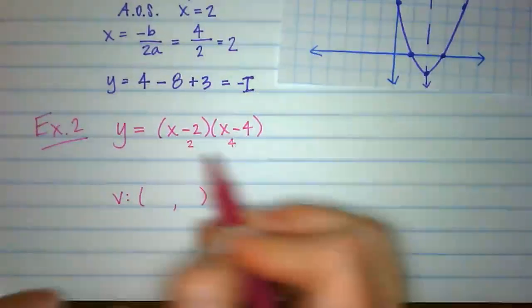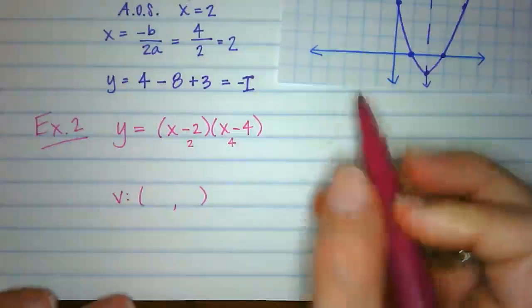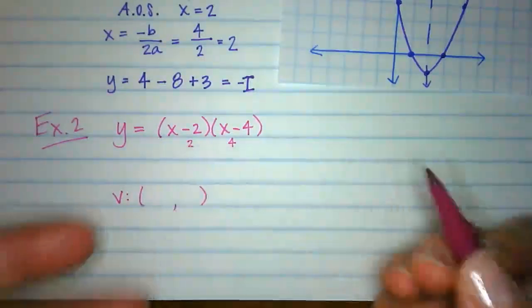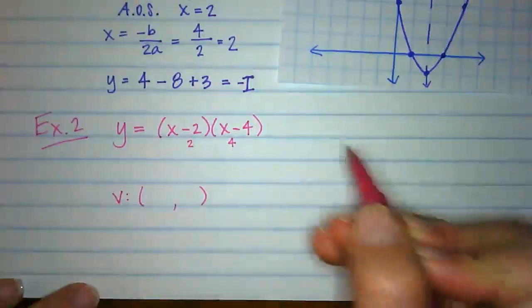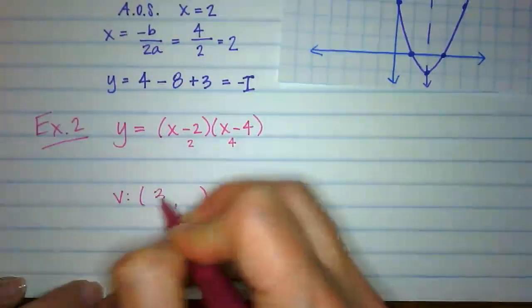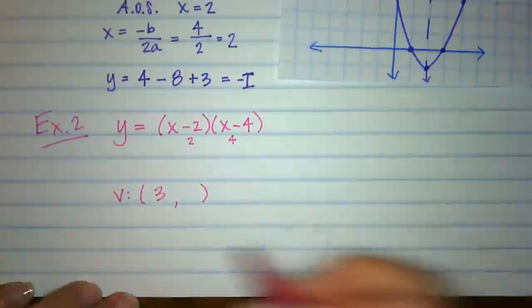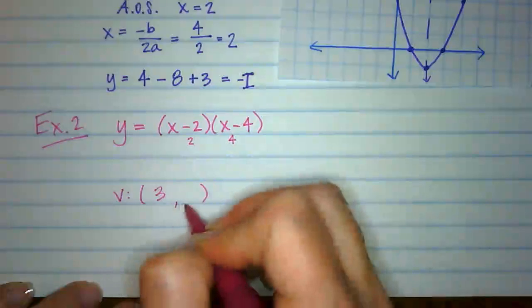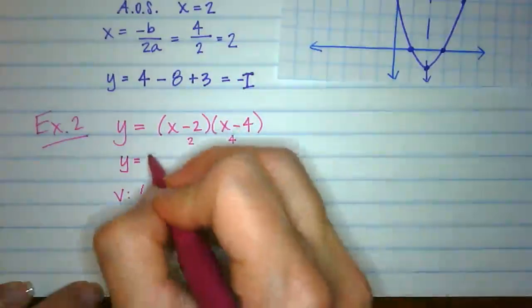And then we're going to find the middle of those, which is basically just the average of those two. You can even just think the middle of 2 and 4 is 3, but 2 plus 4 is 6 divided by 2. So I know that my x value is 3. Now to figure out what the y value is, I need to fill in 3 for x.